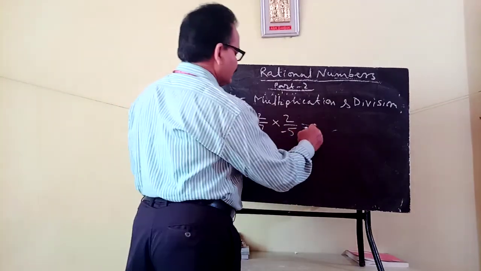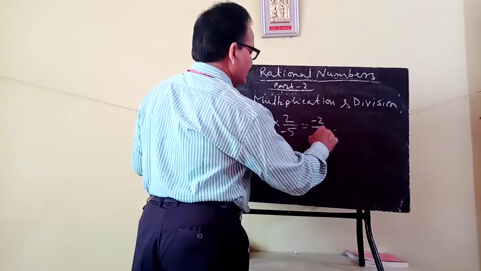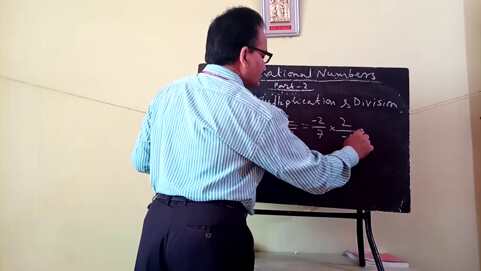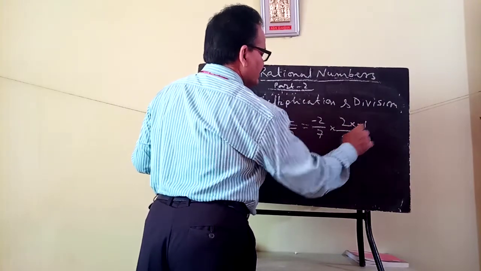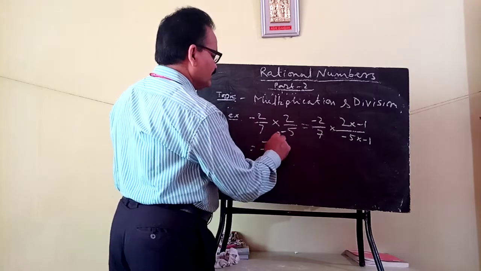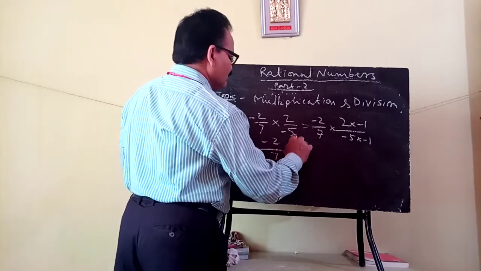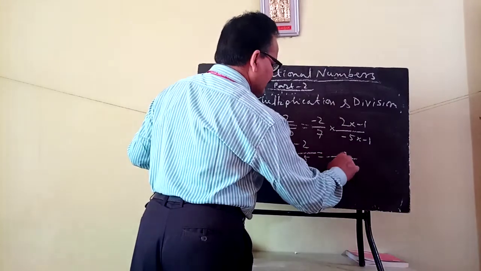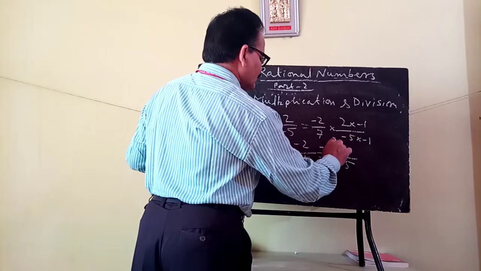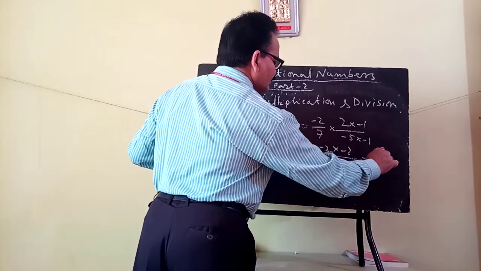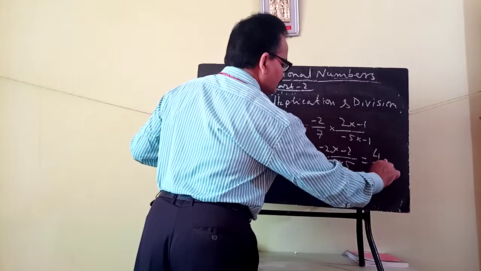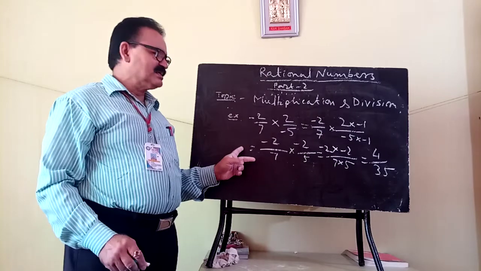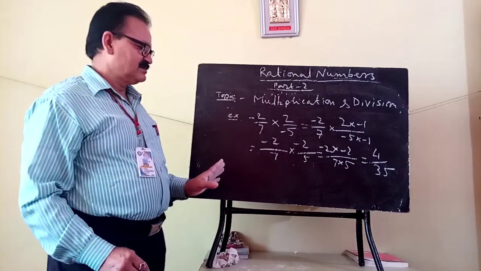You first change it: -2/7 into 2/-5, make the denominator positive by multiplying by -1. Then -2/7 into -2/5. After that you multiply 7 into 5, and -2 into -2, so this will be 4/35. You have got the multiplication of two rational numbers.